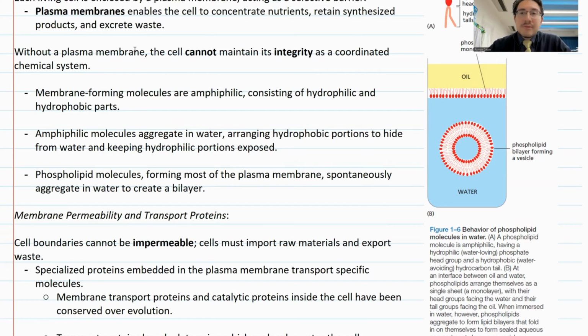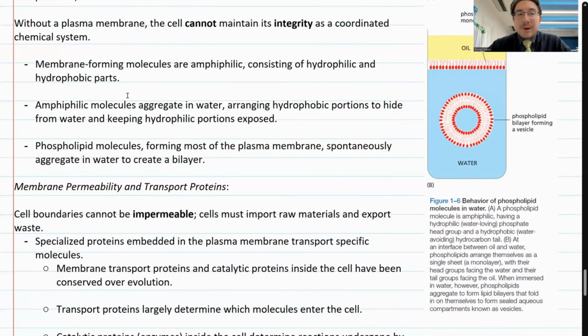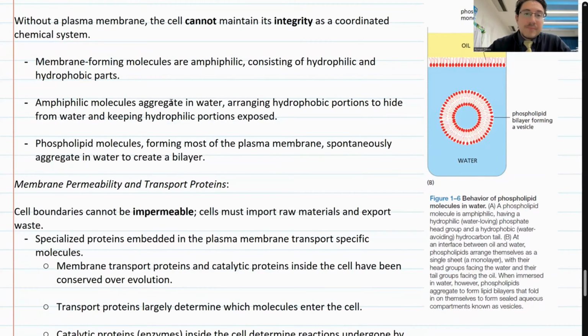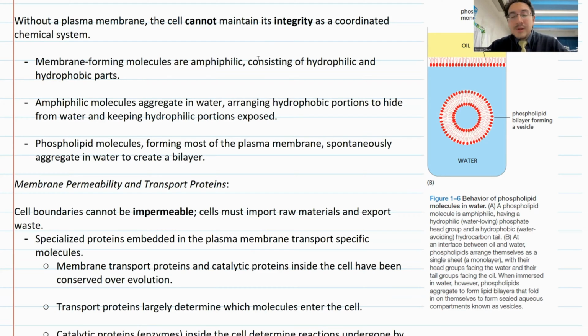So there's tight regulation of things coming in and going out. Without a plasma membrane, you cannot have a cell maintaining its integrity, its shape, and a balance between material coming in and out.